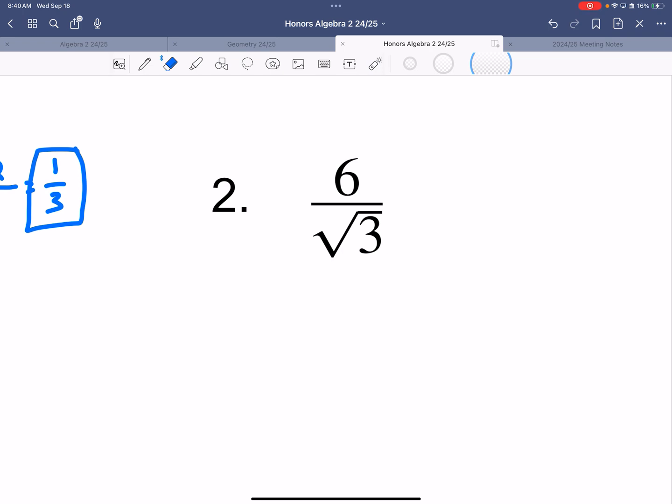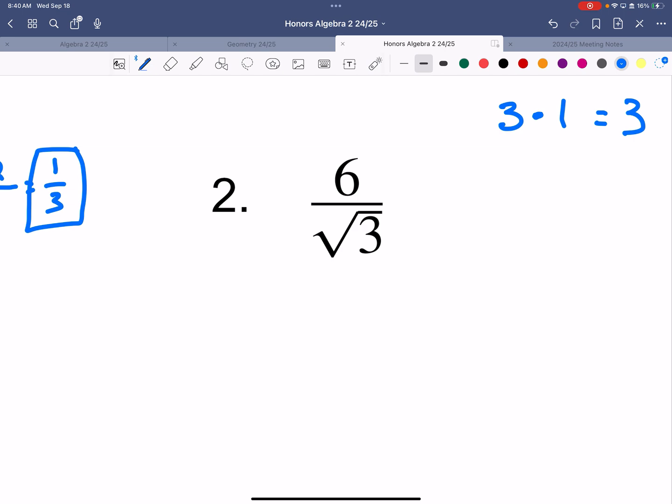So if I just arbitrarily pick a number 3, and at the end, I have to multiply it by something, and I have to get to 3 again, what do I have to multiply it by? 1. Okay, so I have to multiply it by 1 in order to keep it the same.